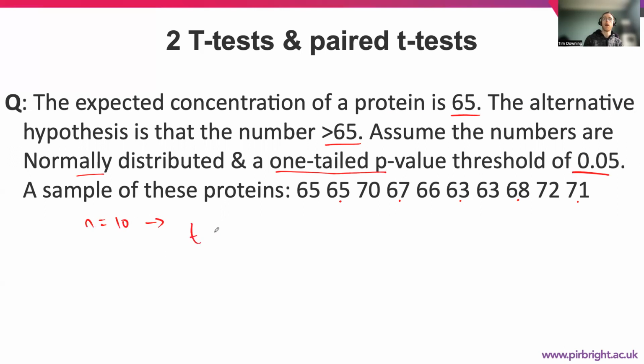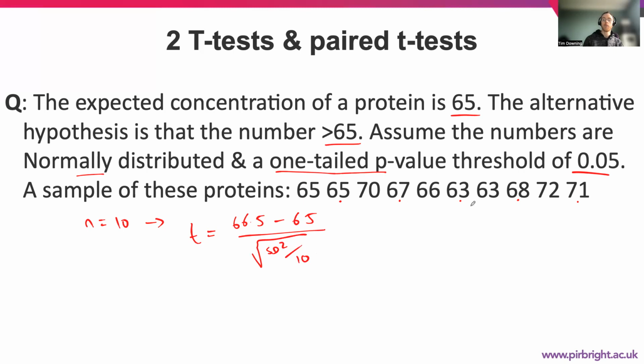So we're looking at a formula using the mean of this set, whatever it might be, let's say 66.5, minus 65, divided by the standard deviation squared over the sample size 10 here.